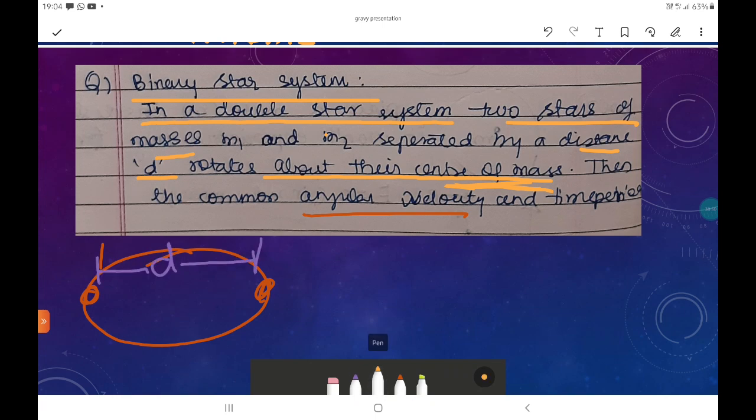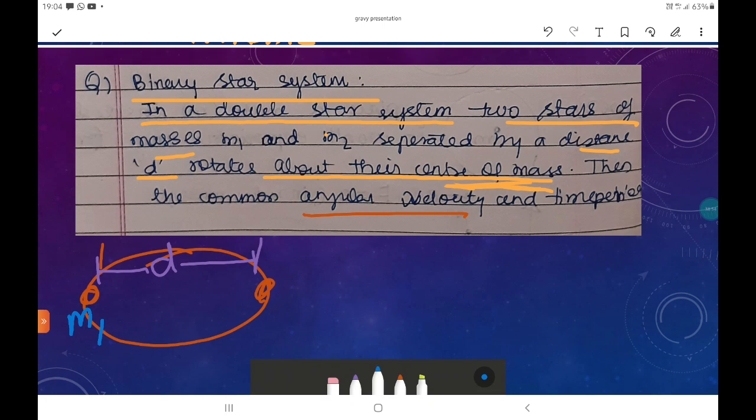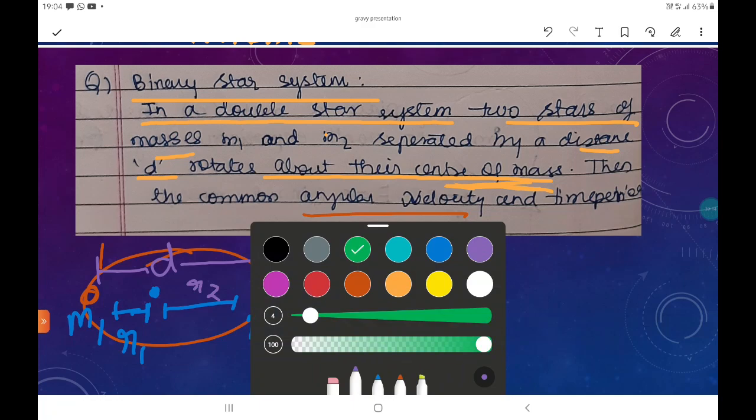But they are revolving around the center of mass. This is mass m1 and this is mass m2, and we don't know at what distance the center of mass is from m1 and from m2. So let us consider the center of mass is at a distance r1 from m1 and at a distance r2 from m2.